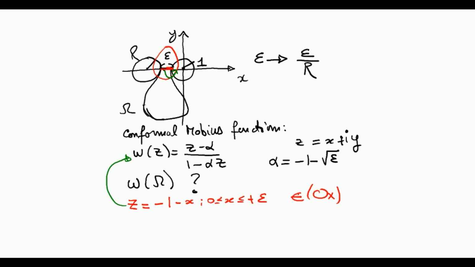We have a second part which is along here the circle, and the third part here which is tangent, and then there is this outside part which is now in these dotted lines. So let me show you the result of this mapping.